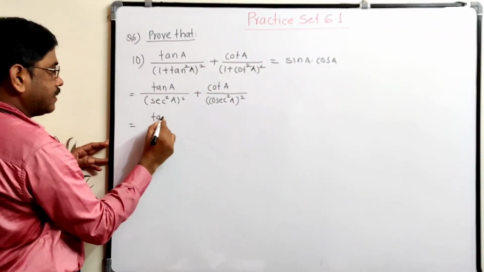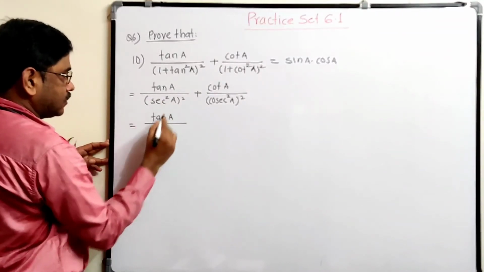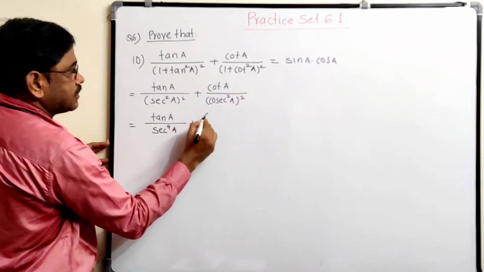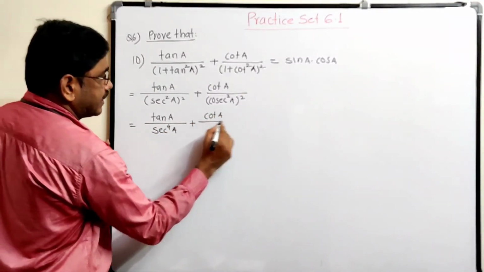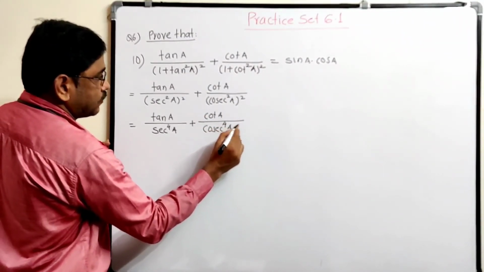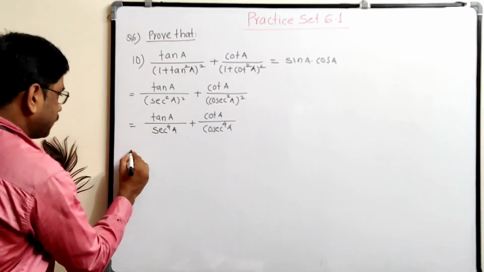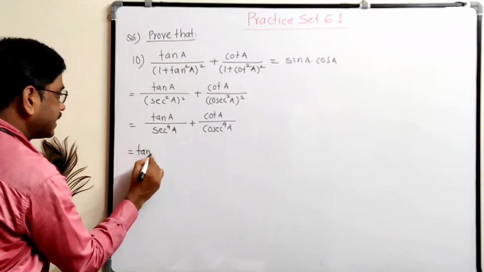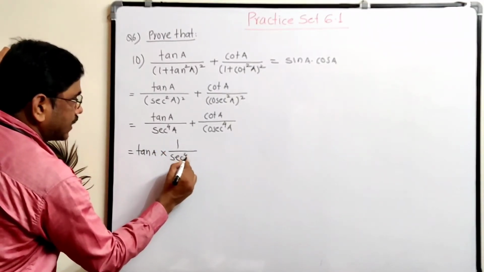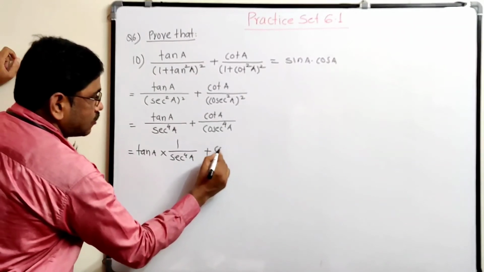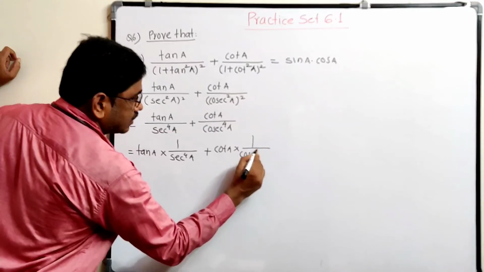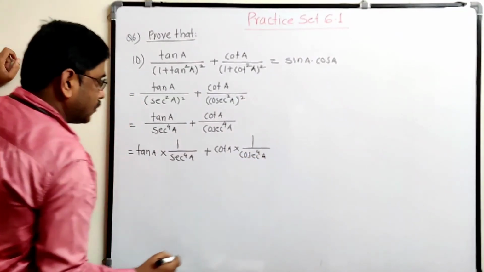So tan A और इसका अगर हम लोग स्क्वायर करते हैं तो sec square square means sec raised to 4A, प्लस ये हो जाएगा cot A डिवाइडेड बाई दिस cosec स्क्वायर का स्क्वायर मींस cosec raised to 4A, इज इक्वल टू हम लोग ऐसा लिखते हैं इसको tan A मल्टीप्लाइड बाय दिस डिनोमिनेटर कैन बी रिटन एज 1 अपॉन sec raised to 4A, प्लस दिस cot A as it is multiplied by this denominator 1 upon cosec raised to 4A.